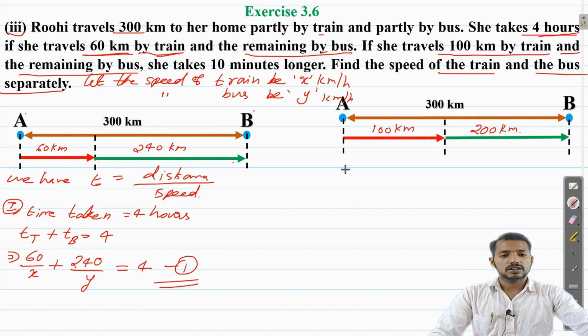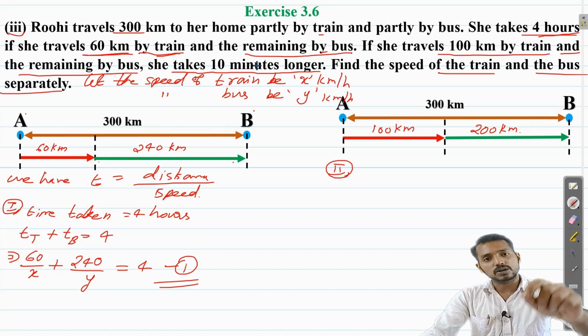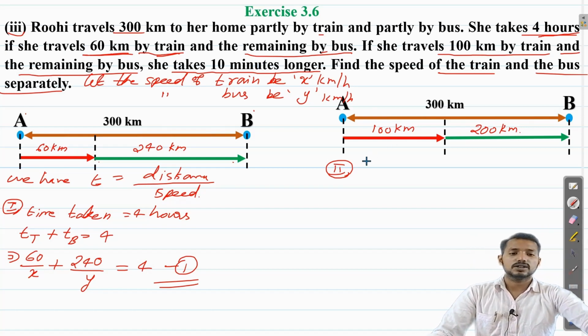Say, in the second situation, how many hours did she take? She takes 10 minutes longer than the first case. So the total time taken is equal to 4 hours plus 10 minutes.